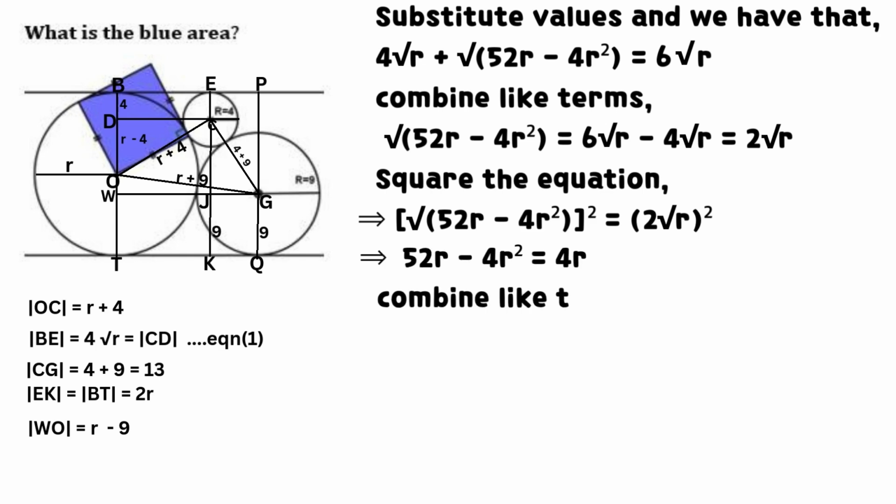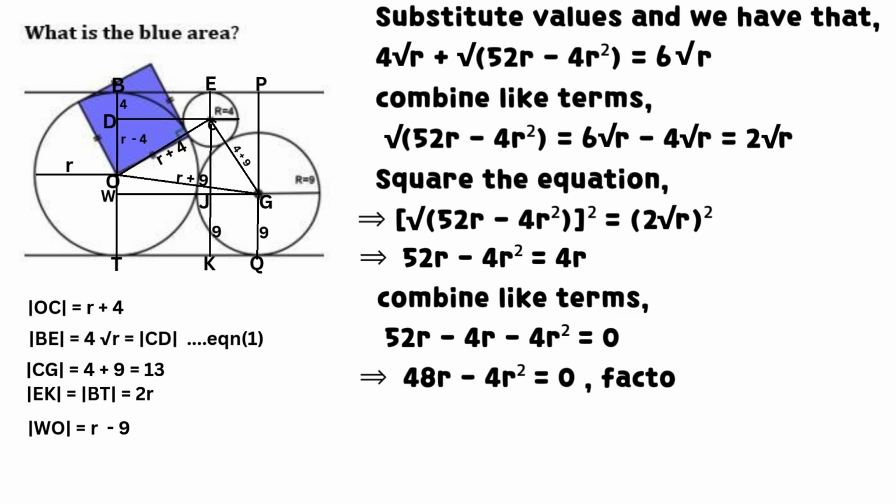This implies that 52 times R minus 4 times the square of R equals 4 times R. Combine like terms. 52 times R minus 4 times R minus 4 times the square of R equals 0. It follows that 48 times R minus 4 times the square of R equals 0.